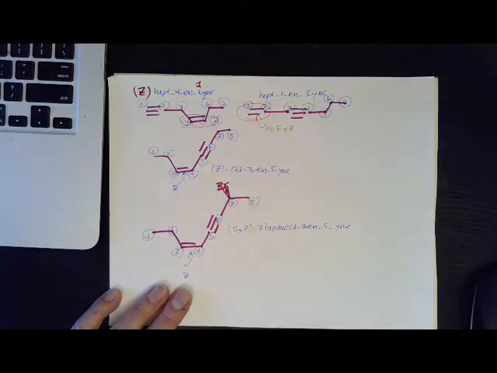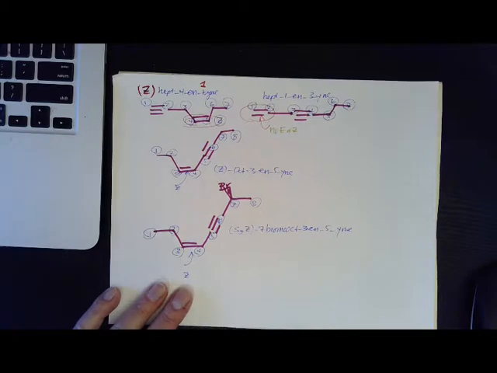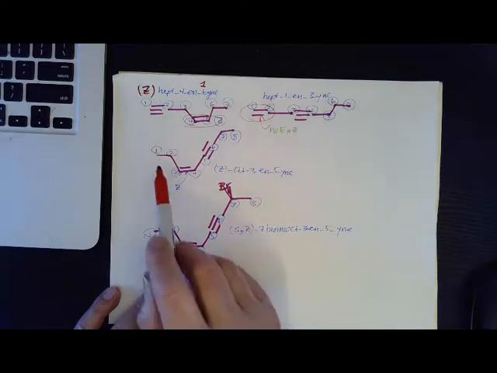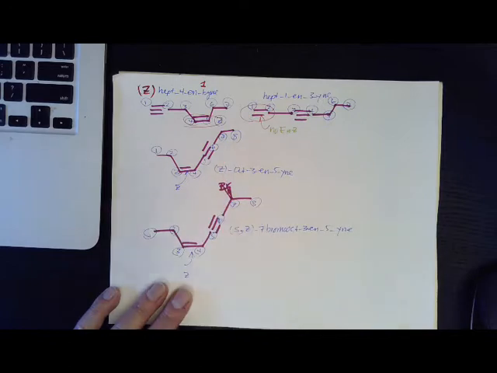So this one, we have to decide the numbering system, to give the first number to the ene or to the yne. So the rule is we give it to the ene because it's an E, not a Y. So then in that case, we have 1, 2, 3, 4, 5, 6, 7, 8.